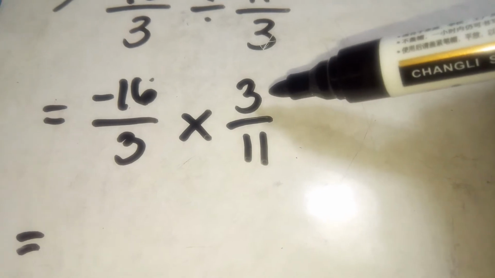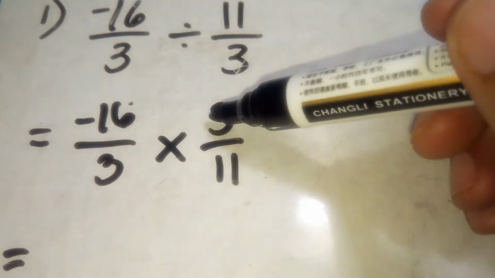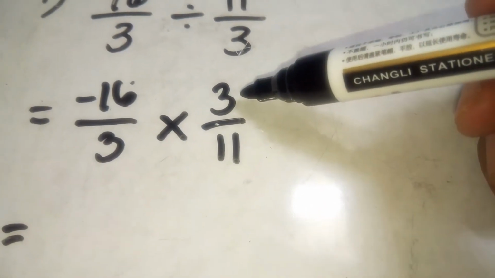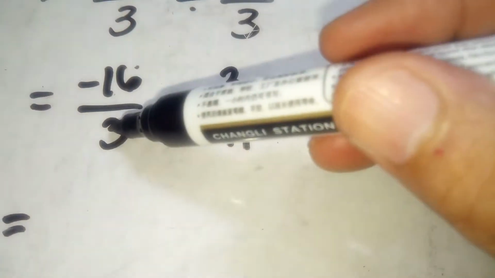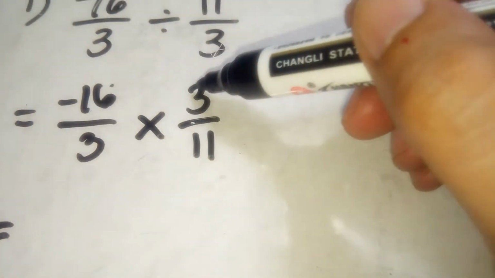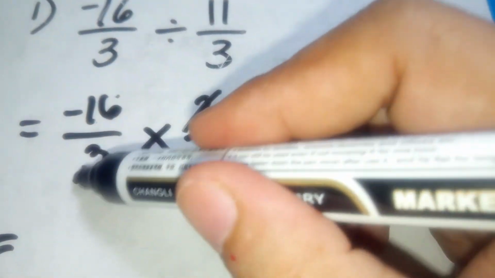In this case, we can see that the factors of 3 are 3 times 1, and this one is 3 times 1. So in short, we can cancel this out.